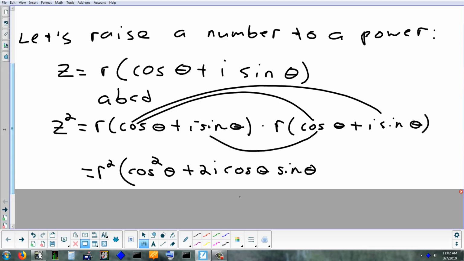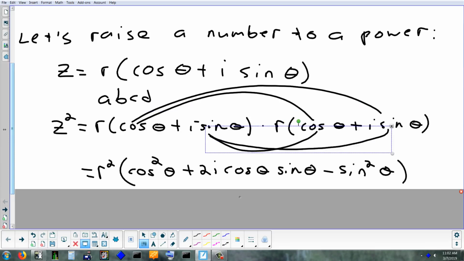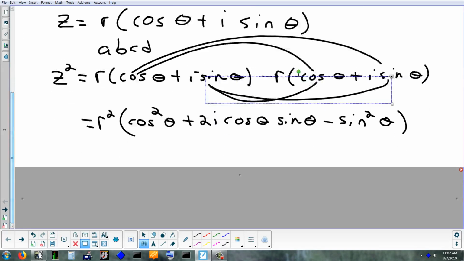You might change that, but basically that's what you have. And now the last term, i sine times i sine. Well, i times i is how much? Yep, which is negative 1. So we have negative sine times sine, which is sine squared.